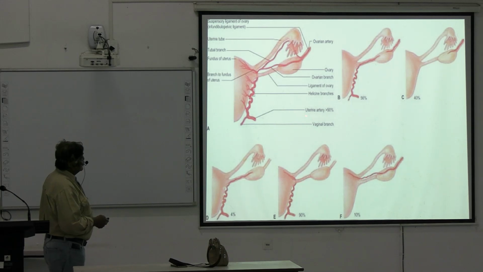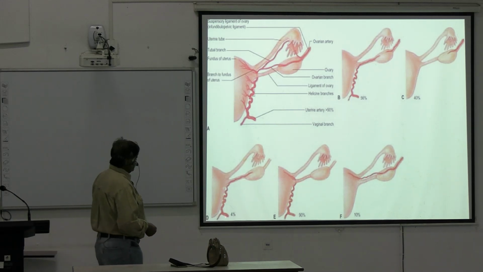The uterine artery, in 90% cases, 4% is in this form. 90% is this form. This is the ovarian artery.